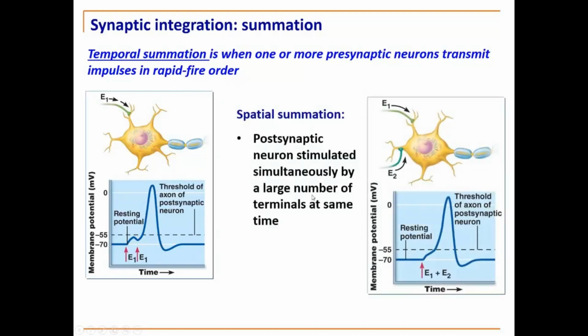You then have spatial summation, where the postsynaptic neuron is stimulated simultaneously by a large number of terminals at the same time, which again are stimulatory in this case. So signal comes in from one neuron and from a different presynaptic neuron, from a different space.